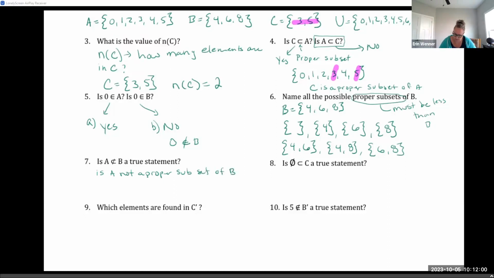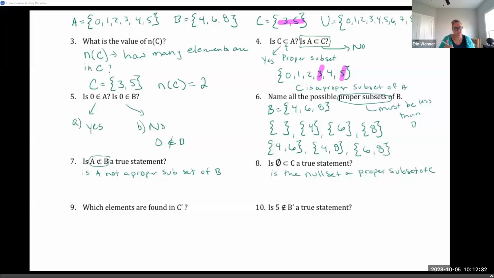And then in number 8, it says, is the null set a proper subset of C a true statement? Okay, so send me your 2 answers. Answer for number 7, answer for number 8. Let me know what you think.